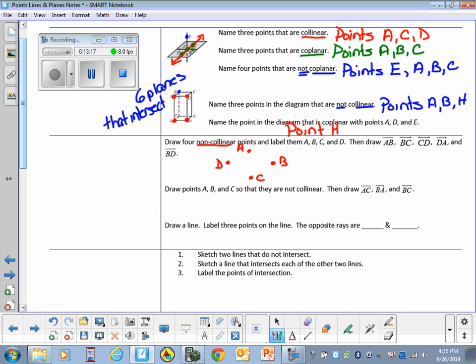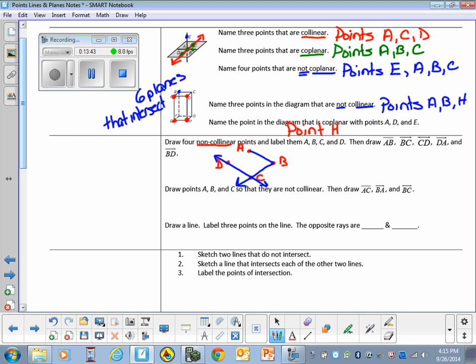I want to draw segment AB. No arrows on a line segment. I want to draw ray BC. Start at B, go through C, and then put on your arrowhead. Line CD. Through both points, make sure you have arrowheads.